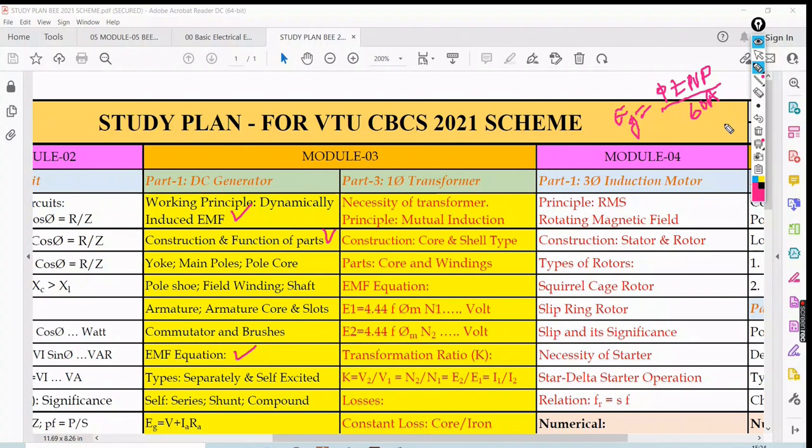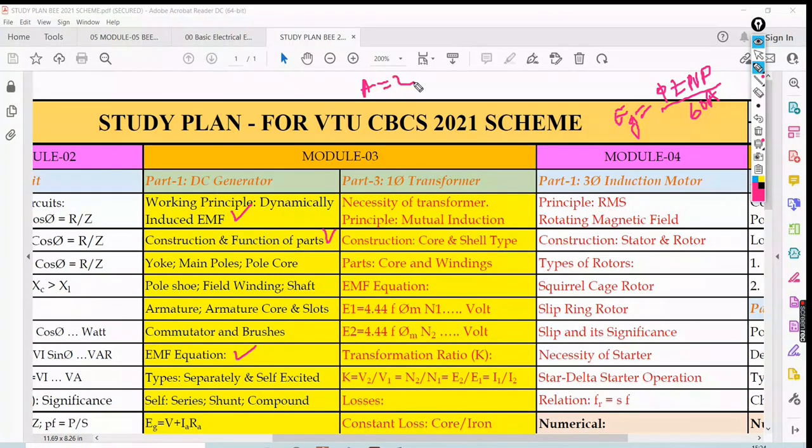Okay, A equal to 2 when? Anybody? A equal to 2 in which type of winding? Wave.